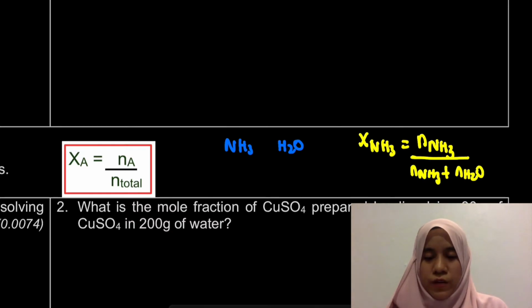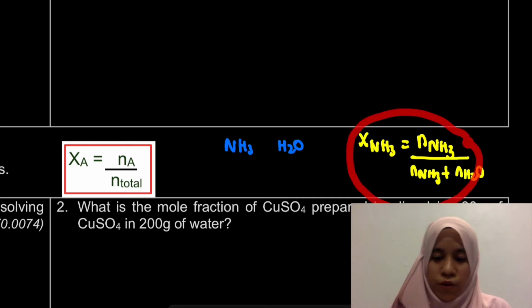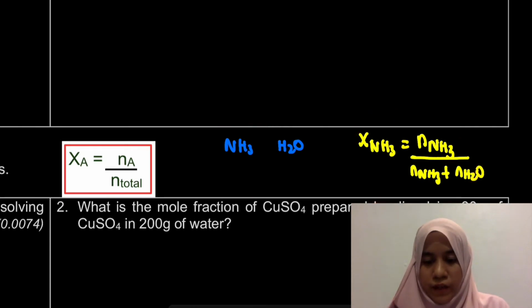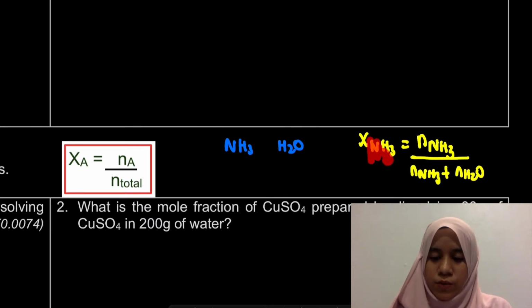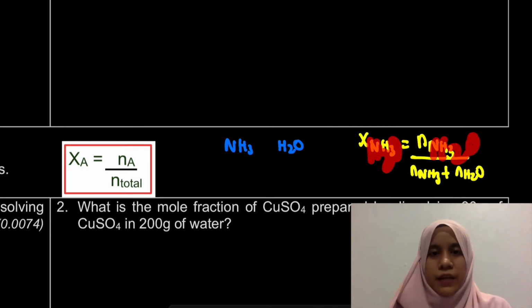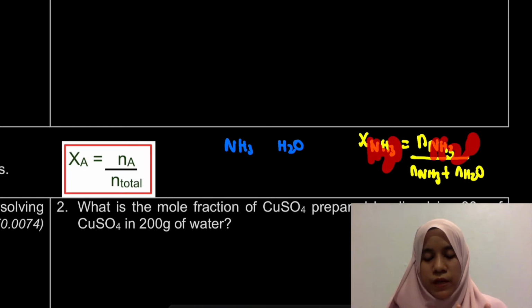This is the way to find the mole fraction of ammonia. Can we find the mole fraction of water? Yes, we can. X of H2O is the number of mole of H2O divided by the same total number of mole, because the solution only has two species, NH3 and H2O.